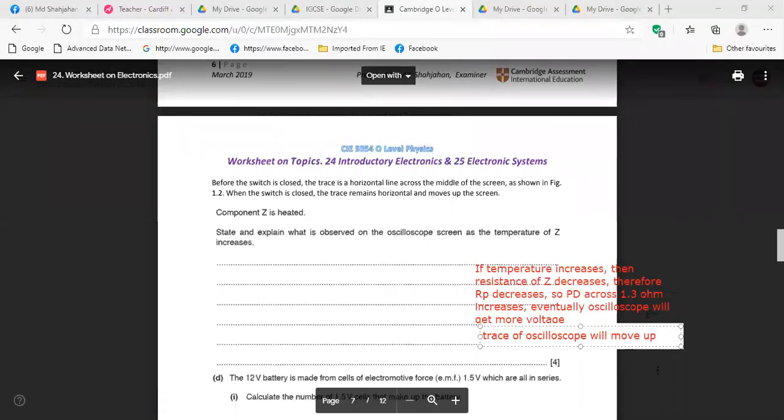Is it clear? So you are getting 4 points here, right? Move up.